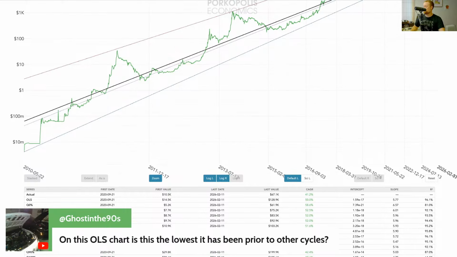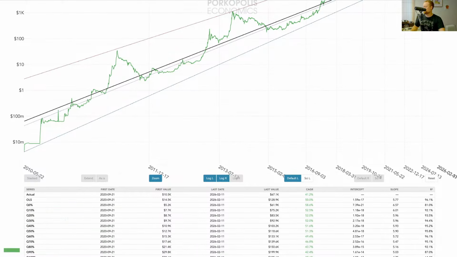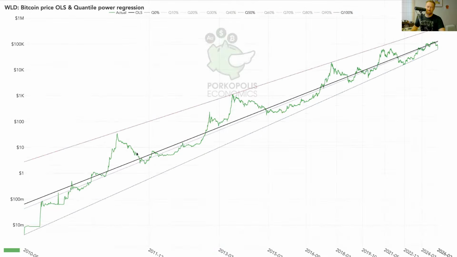So it's not relative to cycles. This is just a function of all the data that you have and picking percentages. And the wild thing is there's just no financial asset that runs like this in this straight line on log space. It's crazy.